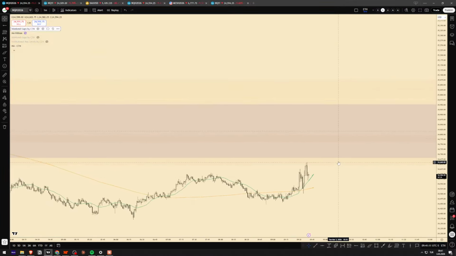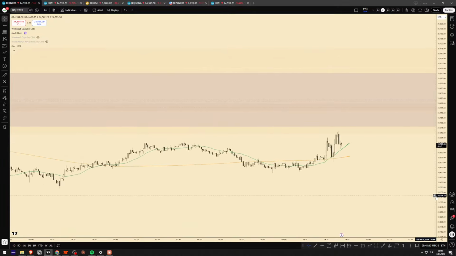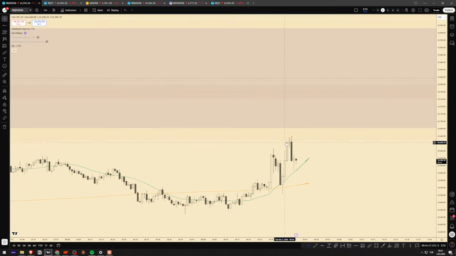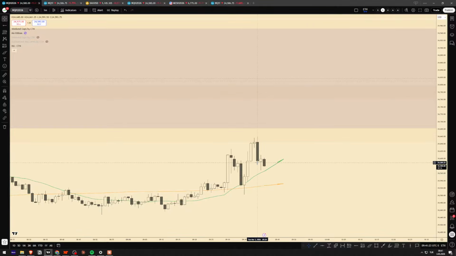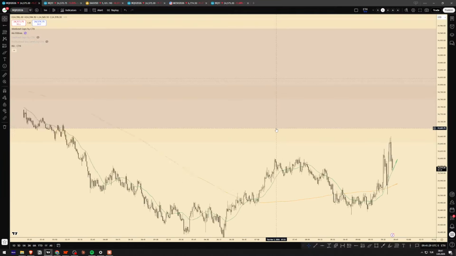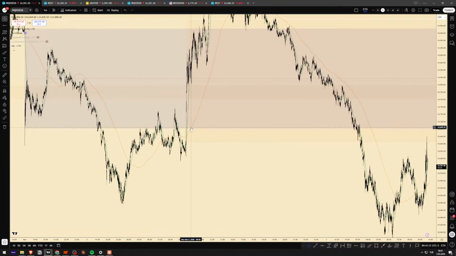Now this yellowish gap over here is the RTH weekly gap. Price tapped the RTH weekly gap, left an engulfing candle, but I still believe we might see just another tap towards this electronic trade hour gap.